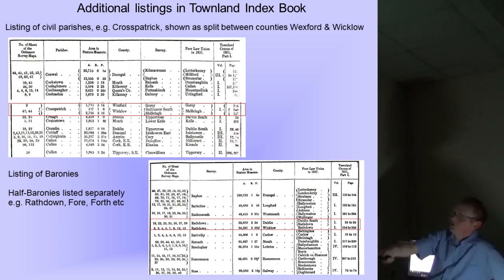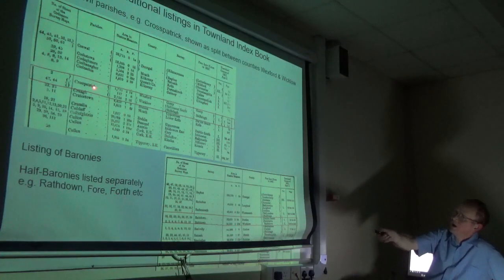The other listings in the Townland Index book are for civil parishes and for baronies. There you'll see how Crosspatrick civil parish is in Wexford and Wicklow, and you'll see that by all these brackets. It's trying to suggest it's in both. It's in 3 different baronies, 2 different counties, and 2 different poor law unions.